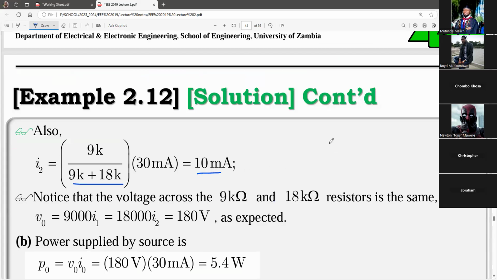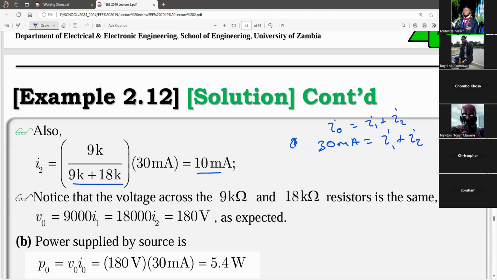If you want, you can just use KCL. If you remember KCL at node N, 30 milliamp is equal to I1 plus I2, where the 30 is I0.